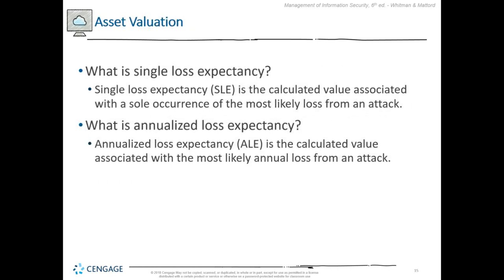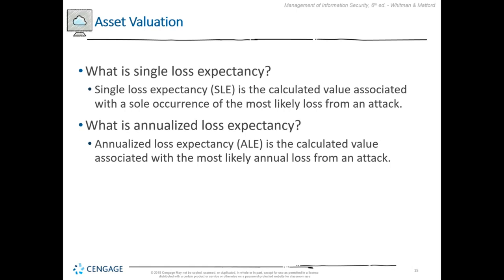When we talk about single loss expectancy, that's the calculated value associated with a sole occurrence, the most likely loss from an attack. So how much would your organization lose if this attack happened one time?